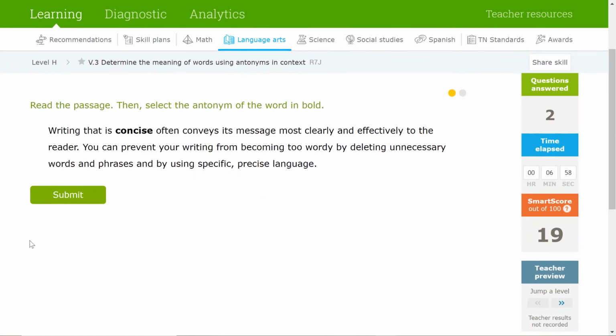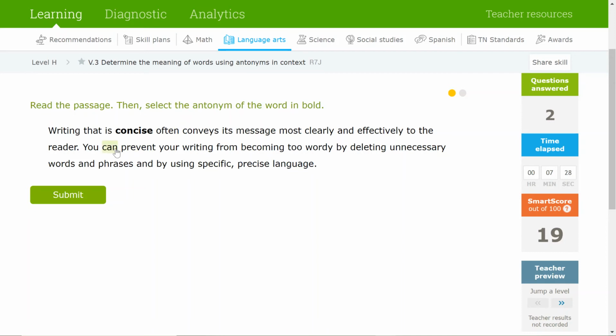Awesome. Let's do one more example and then I'll leave you to it. It says writing that is concise often conveys a message most clearly and effectively to the reader. You can prevent your writing from becoming too wordy by deleting unnecessary words and phrases and by using specific, precise language. So the writing that's concise conveys its message clearly and effectively, but that's how we want it.